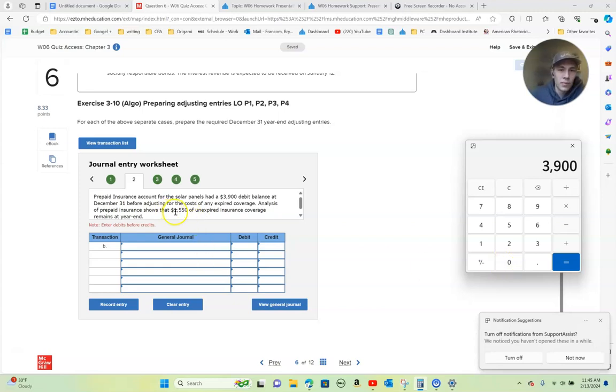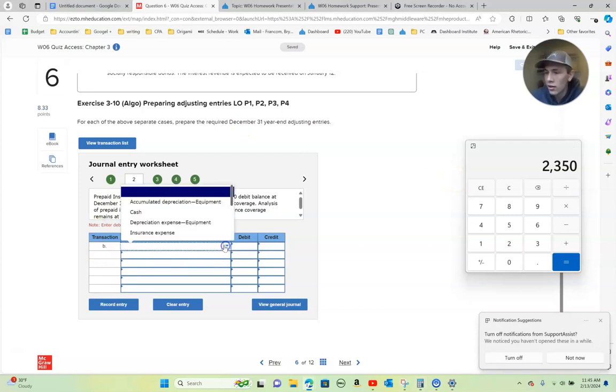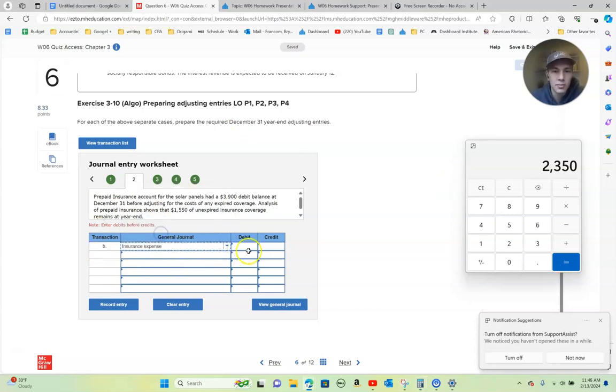So if we look here, at the end of the year, they only had 1,550 left. So if we take down that much money, they spent $2,350 on insurance throughout the year. So we want to expense that for insurance expense. Expenses are debits. So let's put that in, 2,350.